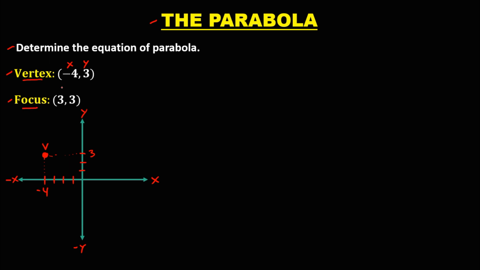Then for the focus, x is positive 3, positive 1, positive 2, then positive 3, and y is also positive 3, then you connect for the point of the focus. So this is now the point of the focus.